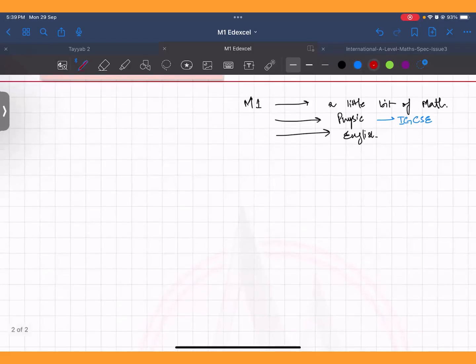So the most important part of this forces chapter of this M1 is understanding forces first of all. Understanding vectors.